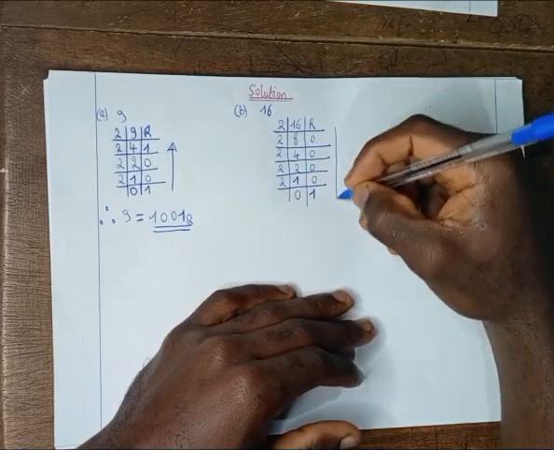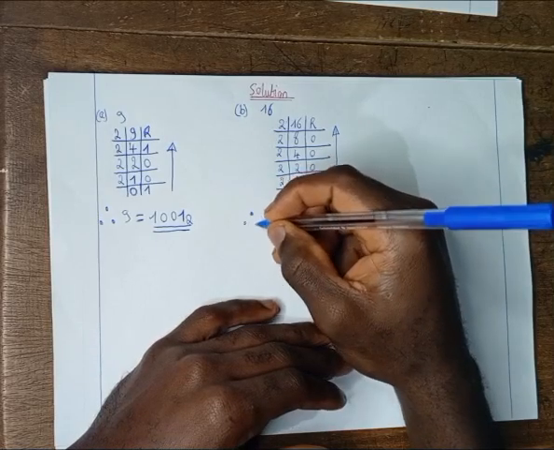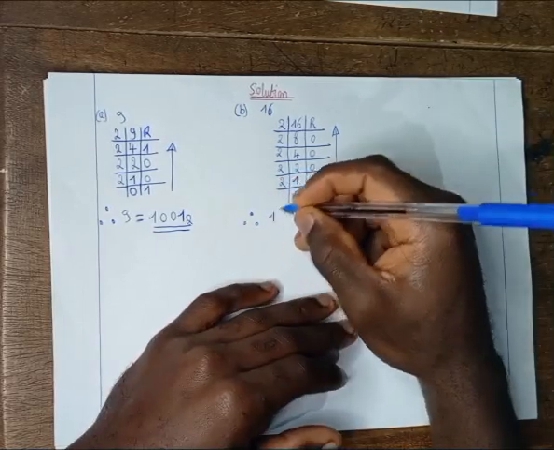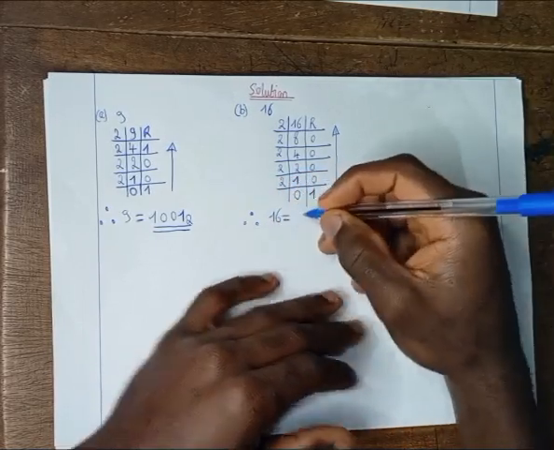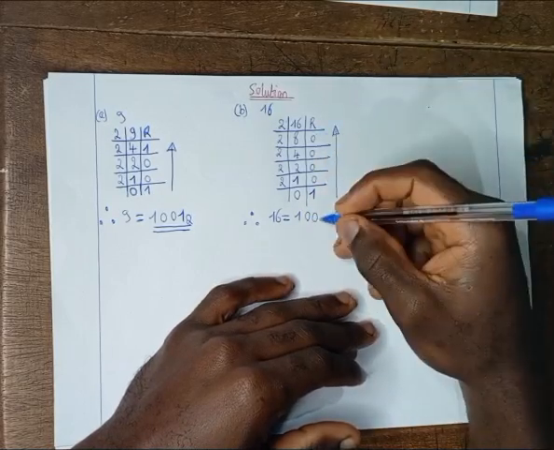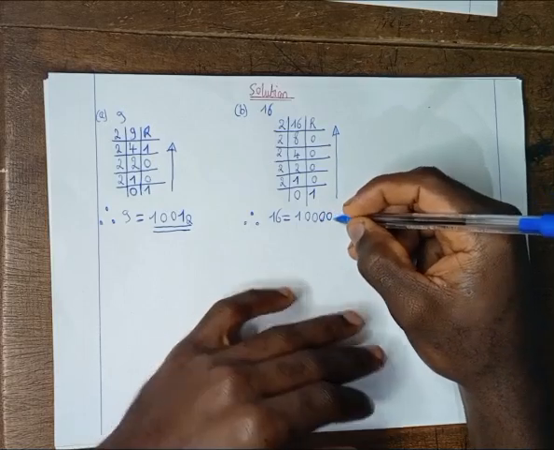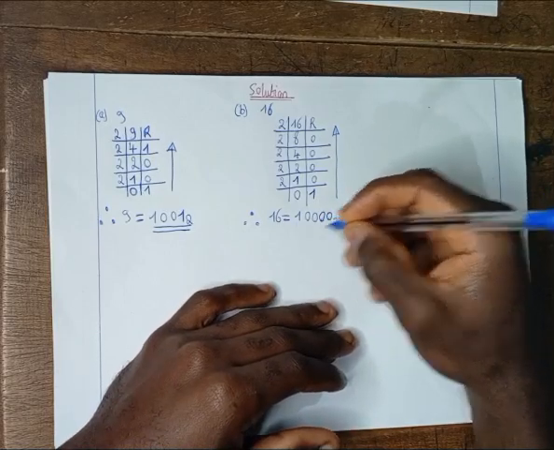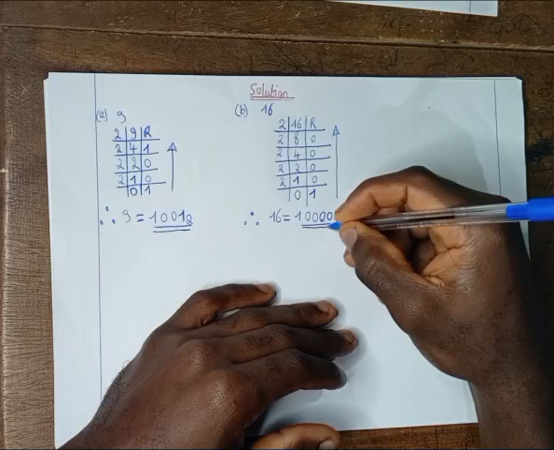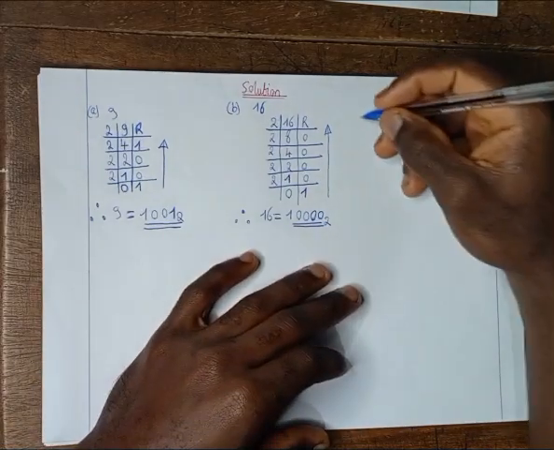We copy from bottom to top. Therefore, the number 16 in base 2 is simply 1, 0, 0, 0, 0 with 4 zeros. Then we must indicate the base, base 2, as such. Next, question C.